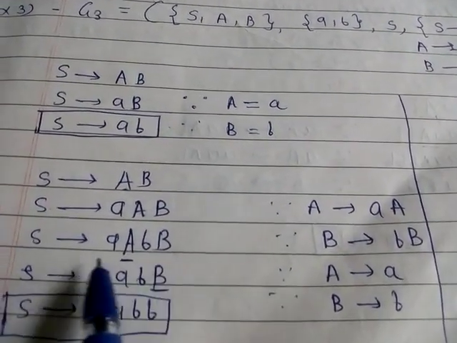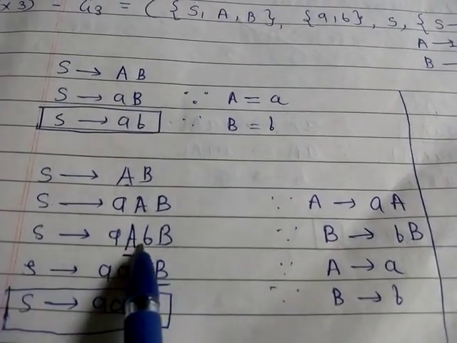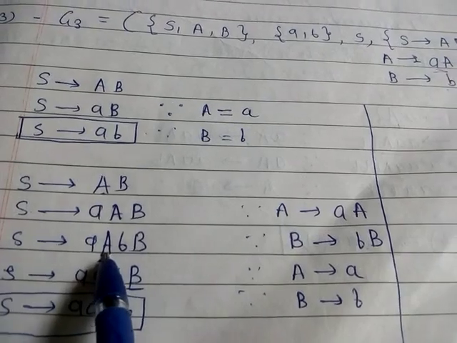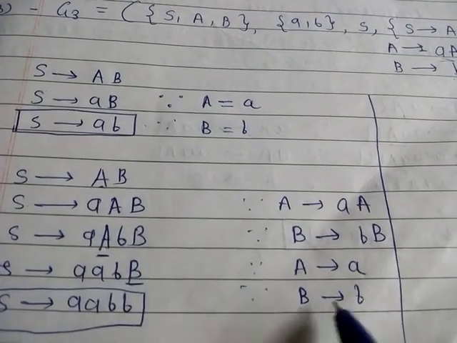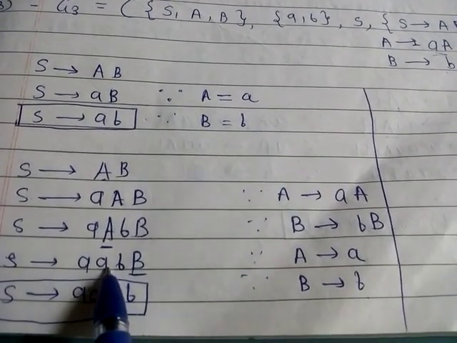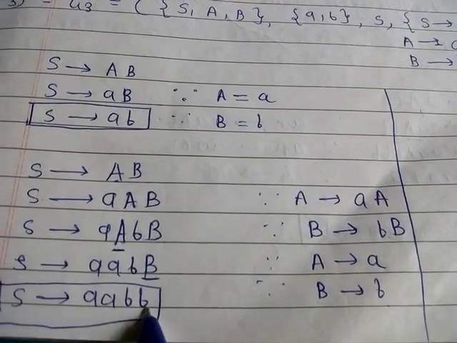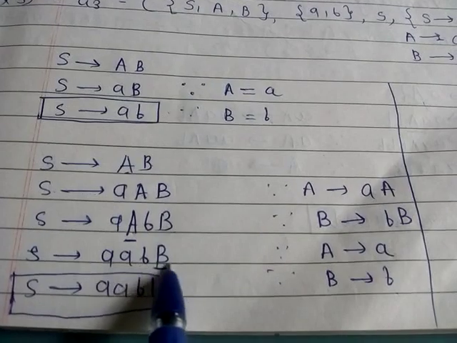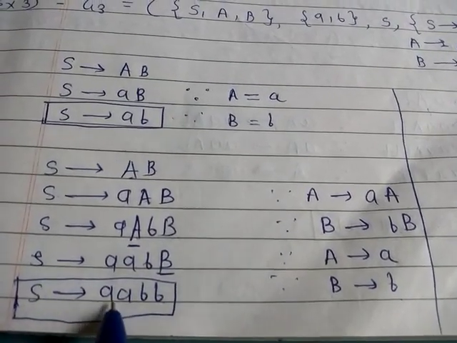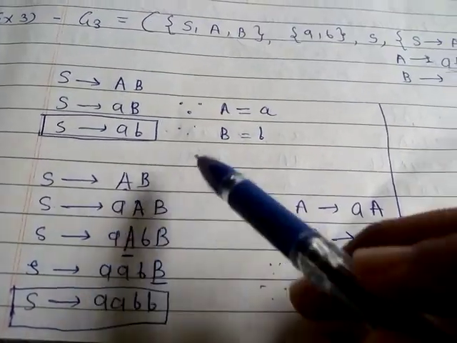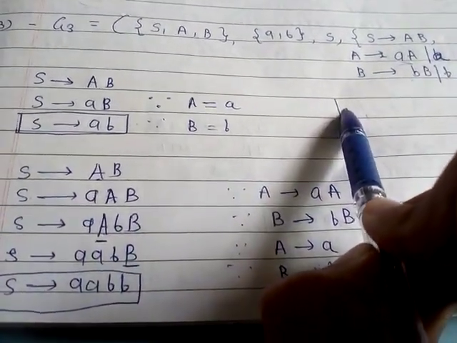For this production rule I am again keeping aa instead of A and bb instead of B. So the new string generated is aabb. So these are the new strings which are generated by using this grammar.